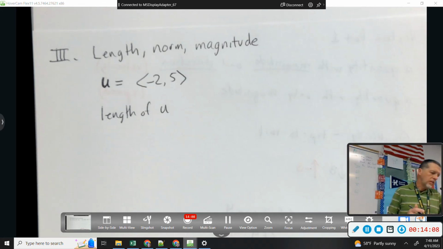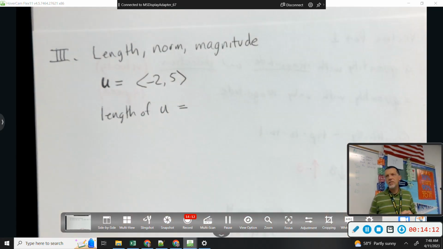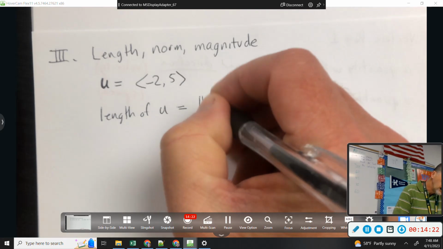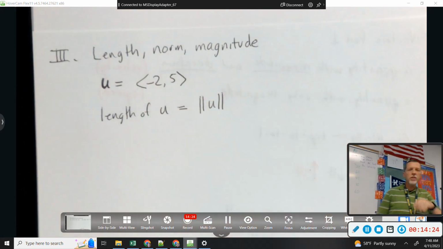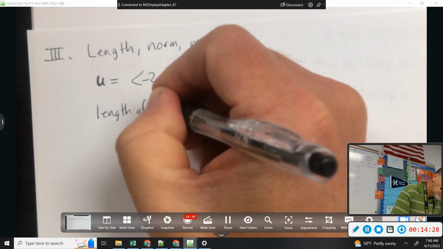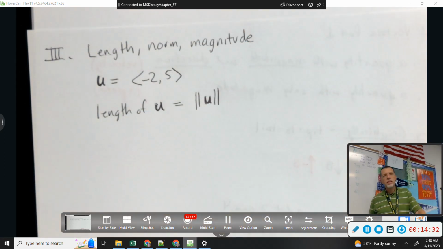First, the symbol for that: rather than just saying we want the length of, like always in math, there's a symbol to make things easier to write. The symbol is 2 bars on either side of the vector. The 2 bars just mean how long is u.